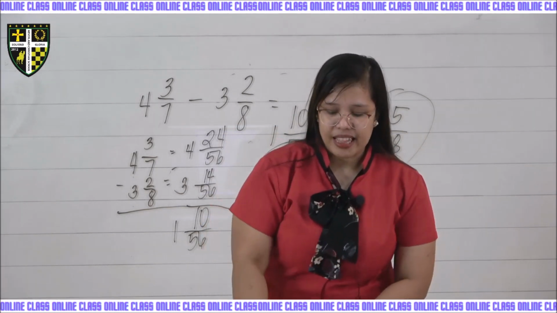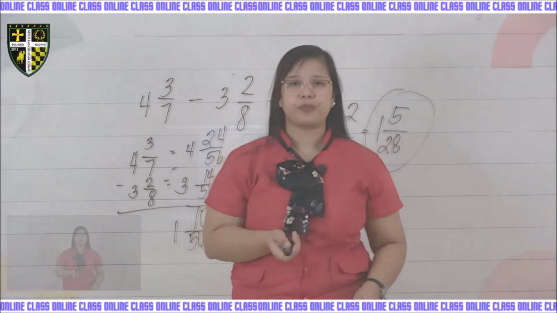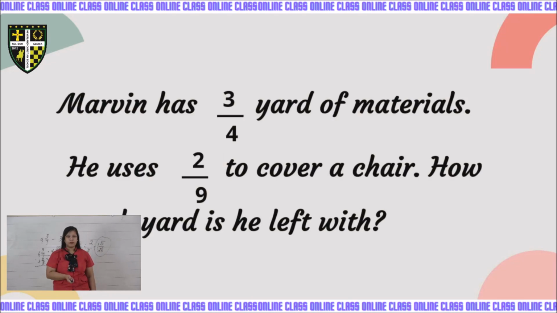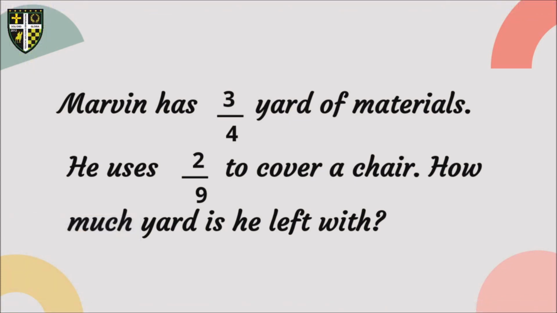Next one we have problem solving. Let's do this. So Marvin has 3/4 yard of materials. He uses 2/9 to cover each chair. How much yard is he left with?